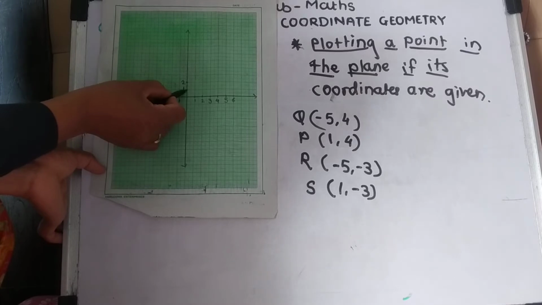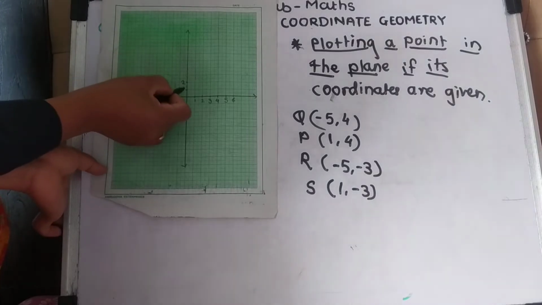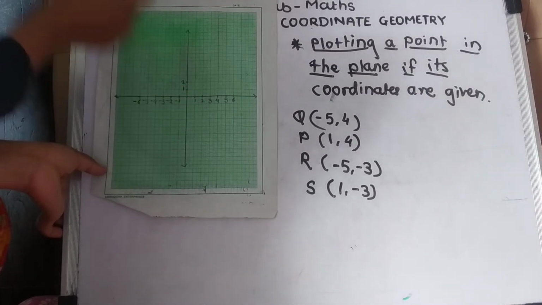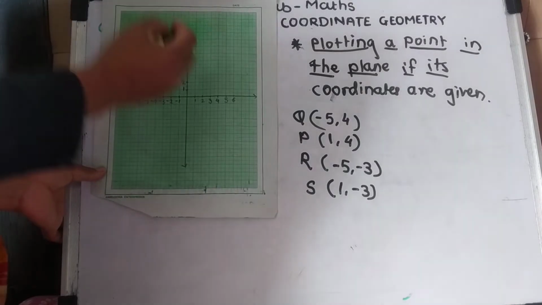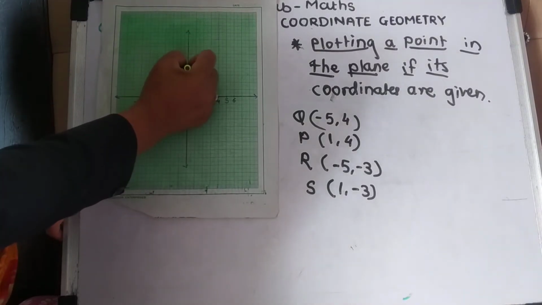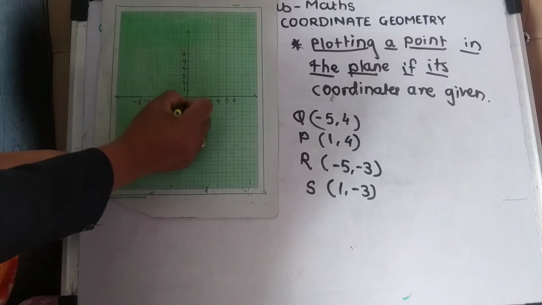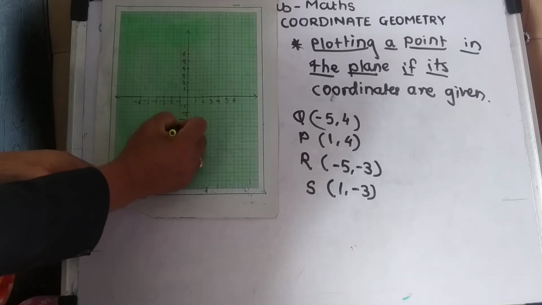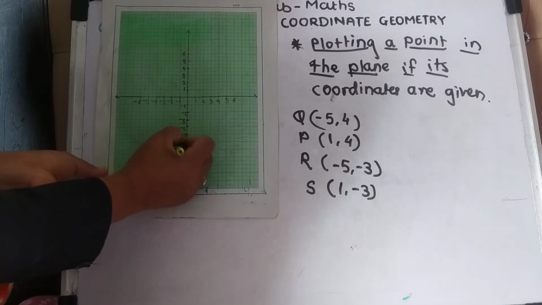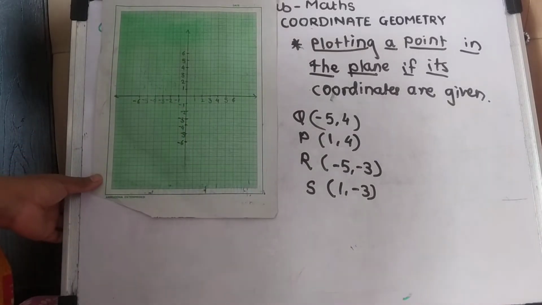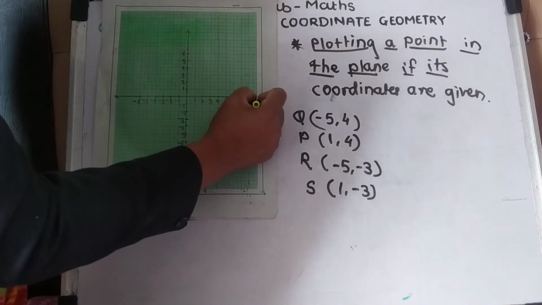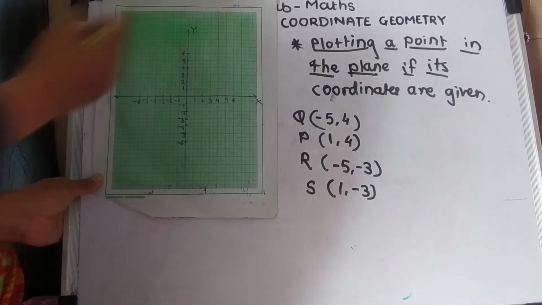So 0, then 1, 2, 3. I have observed that many students write 6, 5, 4 in descending order. No, it is 1, 2, 3 only. We mention 4, 5, 6, then -1, -2, -3, -4, -5, -6.